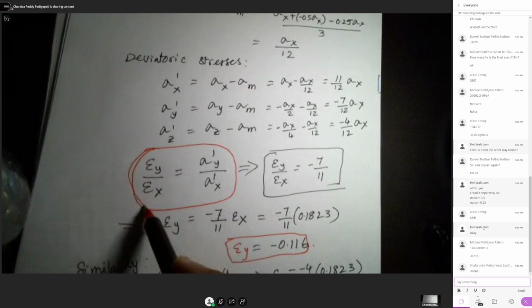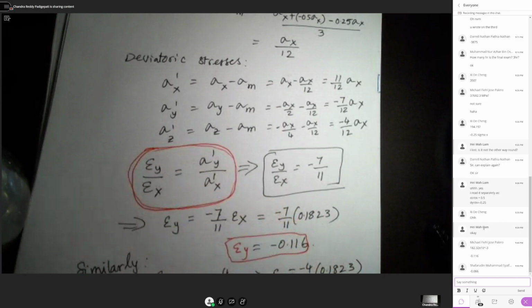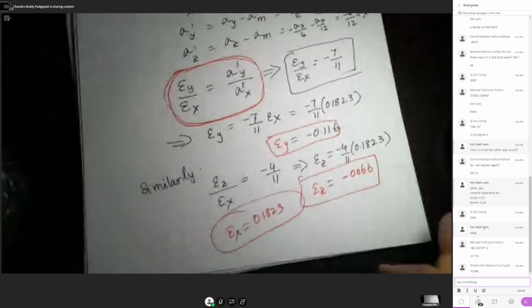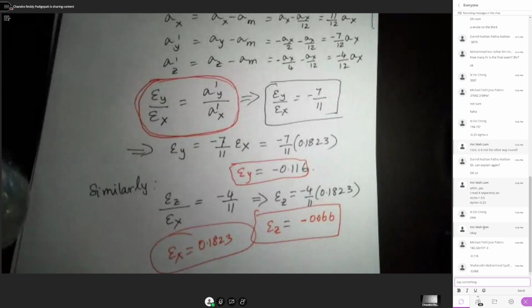This relationship we are applying. All right, so we can calculate the strain components like this. The next one you are asked to calculate the state of stress. So for part B, we are calculating the state of stress.